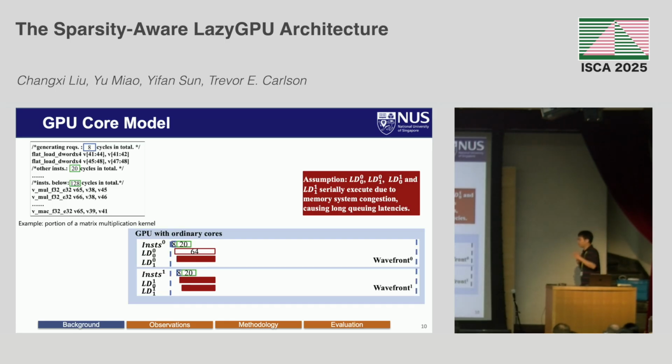Assume we have 2 wavefronts, wavefront 0 and wavefront 1. Since this 20-cycle ALU work is totally independent of these memory requests, we can still execute it while waiting for the memory requests to be written back.